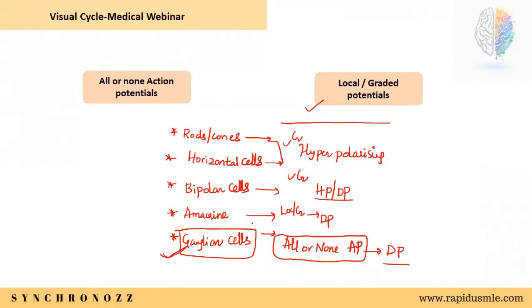Rods, cones and horizontal cells are graded hyperpolarizing. The bipolar cells are graded either hyperpolarizing or depolarizing. But amacrine cells are graded only depolarizing. Just try to remember this. But if you want to remember one single point, your take home is all or none action potentials are only generated in the ganglion cell layer.